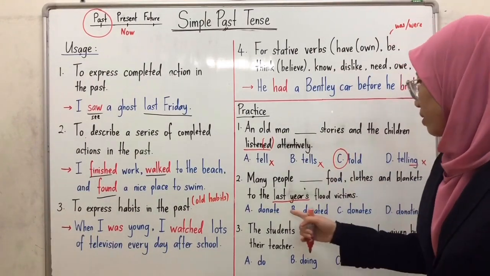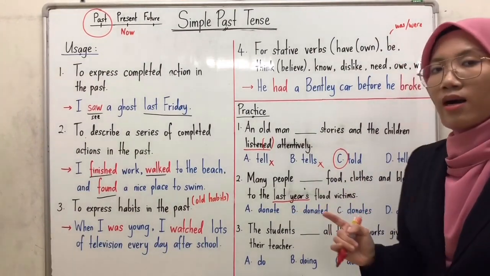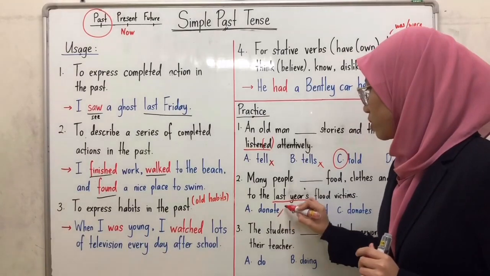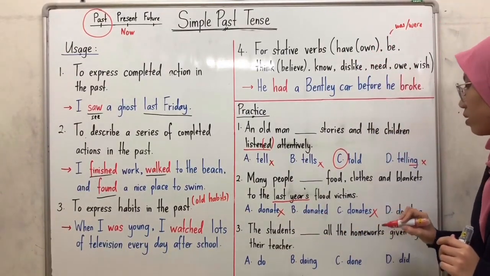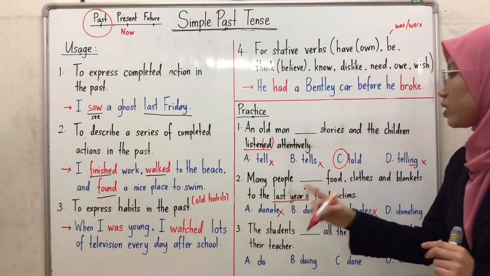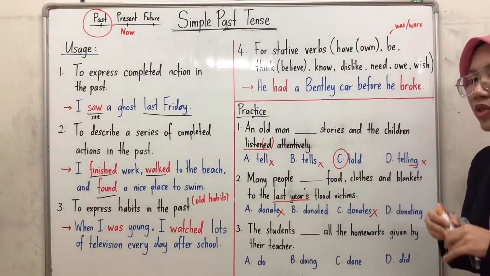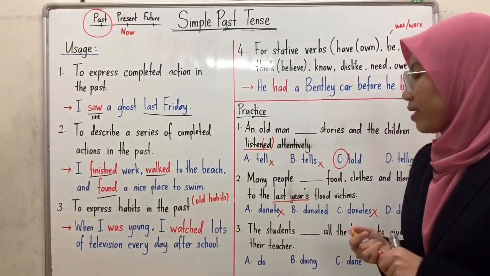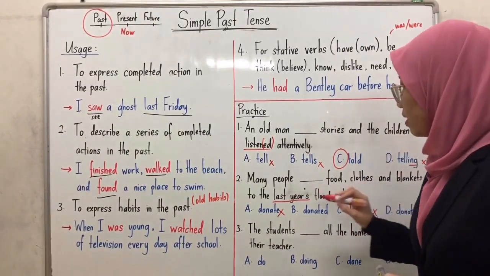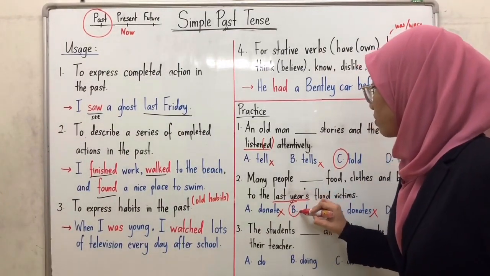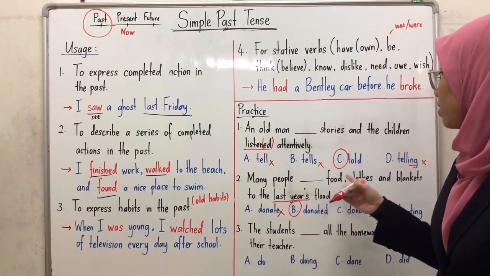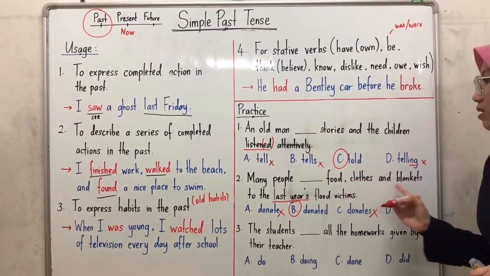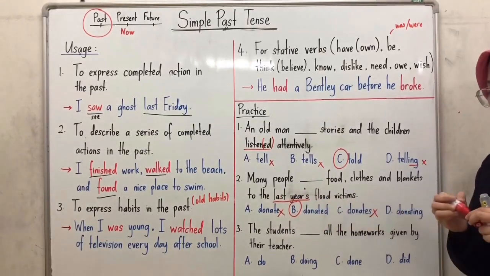A and C are in present tense form, so they are wrong. Donate is a regular verb, so we just add ed to the end of the verb. So we have B. Many people donated food, clothes, and blankets to the last year's flood victims.